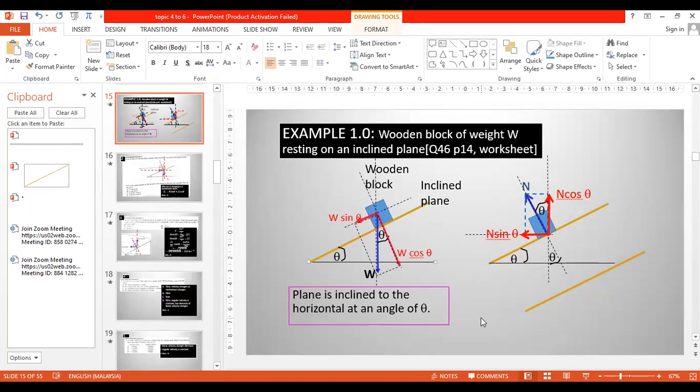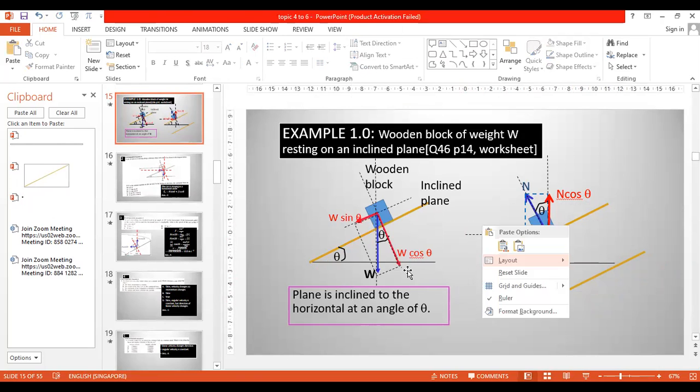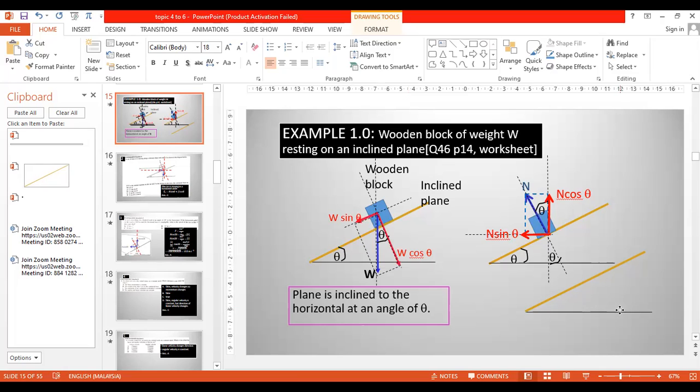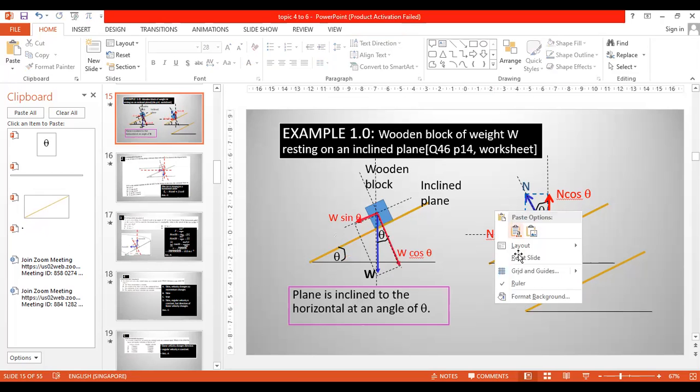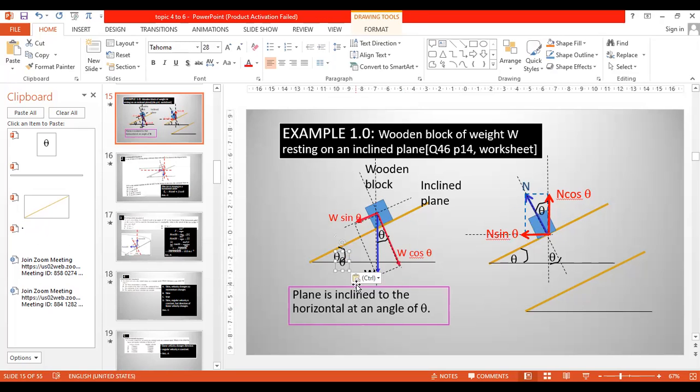If you cannot, go back and work it out. There's your angle theta.